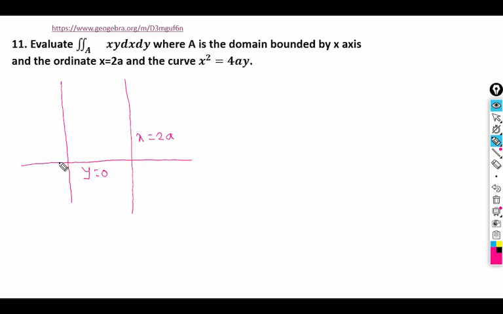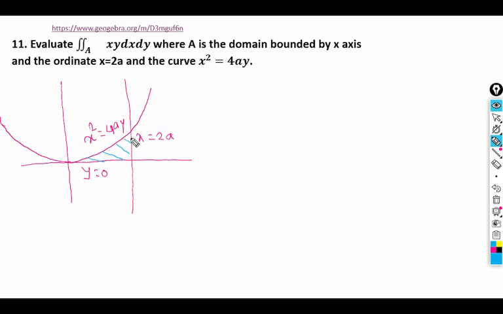This is a parabola, an upper parabola, so I can draw it like this. Even power of x indicates symmetry about the y-axis. Now the region is bounded by y equal to 0, x equal to 2a, and x square equal to 4ay. So the region of integration is this one.